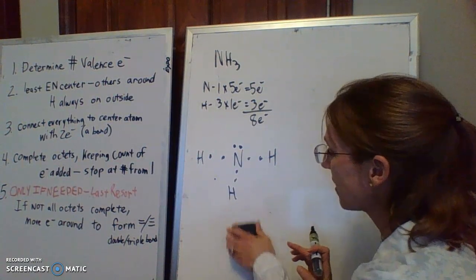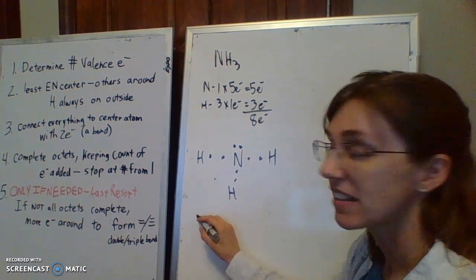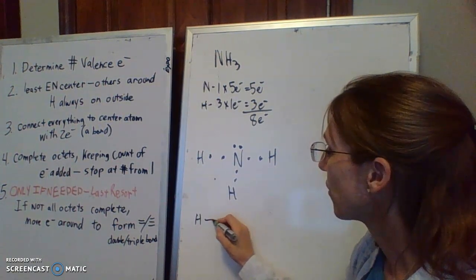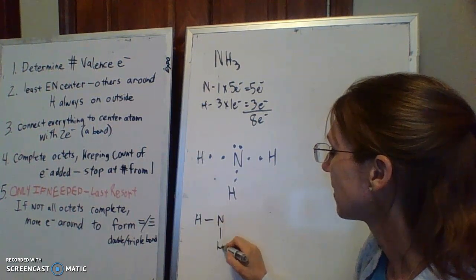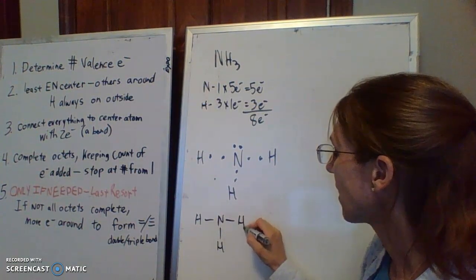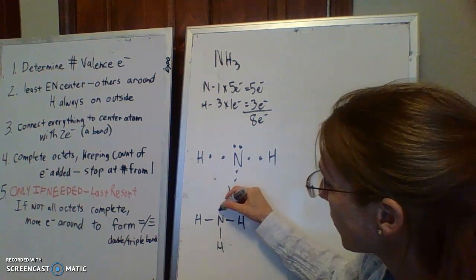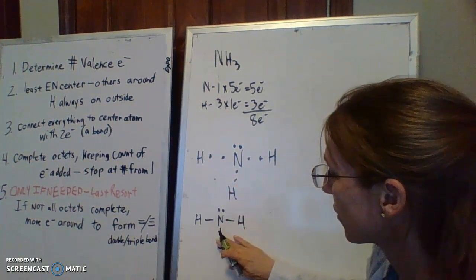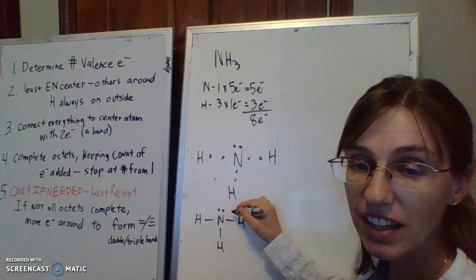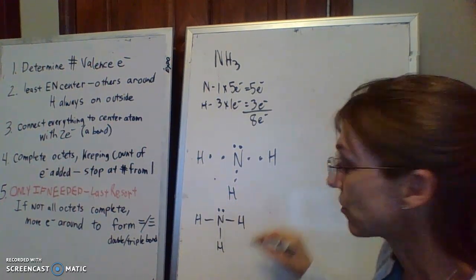If we want to rewrite this, or we want to write this with the lines, we can do that. So we can write it with the N in the center and the lines connecting all of the hydrogens. But remember, you need the lone pair for making that Lewis dot structure.